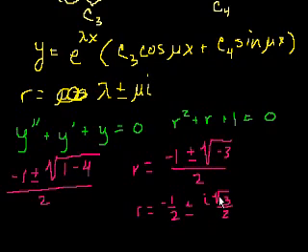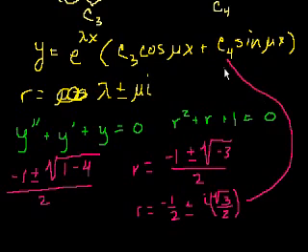Actually, that's the best way to write it, right? You just take the i out, so it takes the negative 1 out, and you're left with square root of 3 over 2. So these are the roots, and now if we want the general solution, we just have to throw this right back into that, and we'll have our general solution.